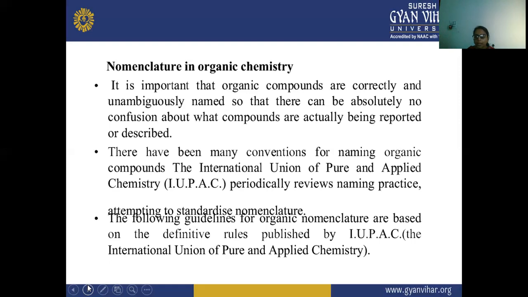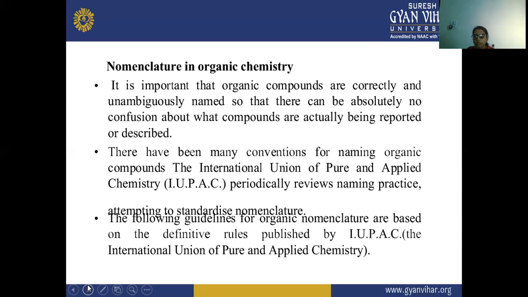By applying those rules, we have to name our organic compound. If we are not applying those rules for naming our organic compound, then the name will be wrong. That is why the IUPAC system was developed, with special guidelines for naming organic compounds.